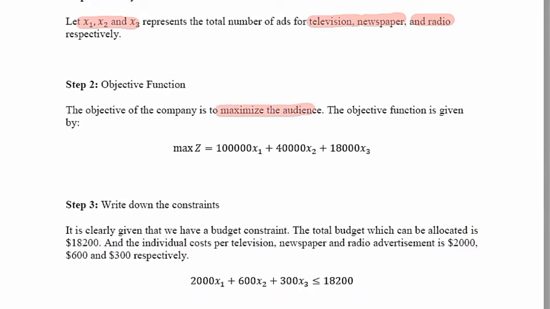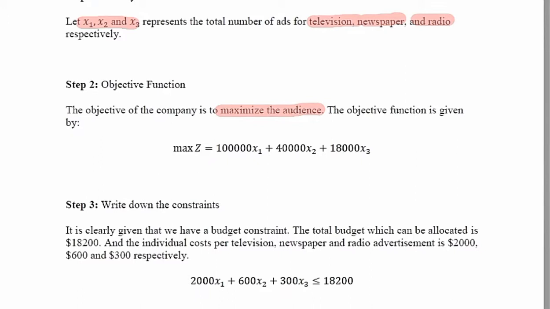So the objective function is max Z equals 100,000 X1 plus 40,000 X2 plus 18,000 X3. For step 3, we must write down all the constraints in this problem. For the first constraint, it is clearly given that we have a budget constraint.